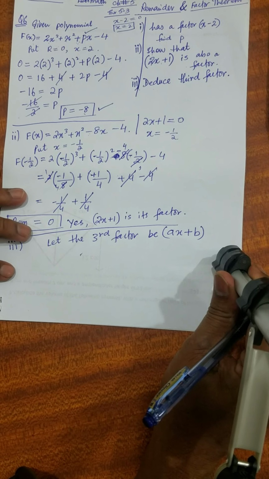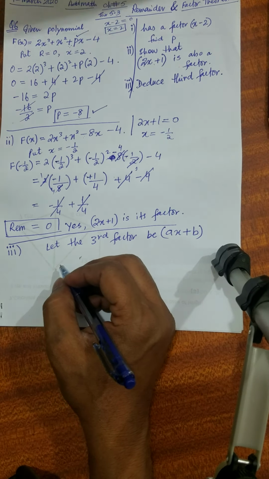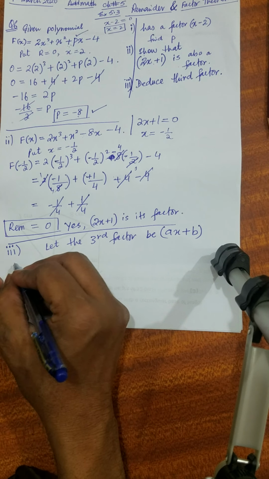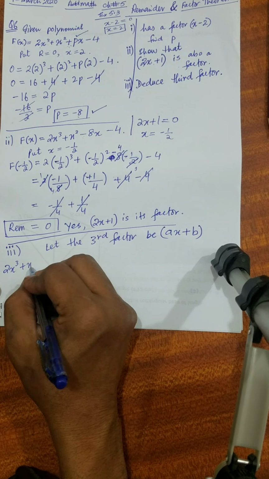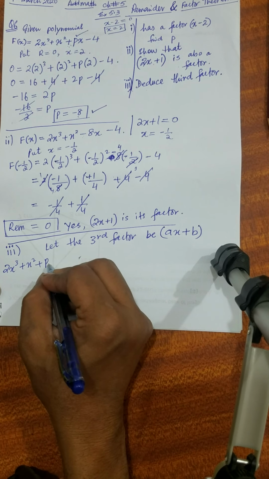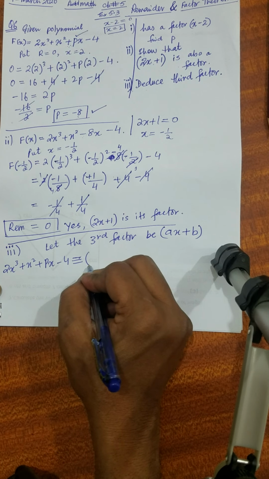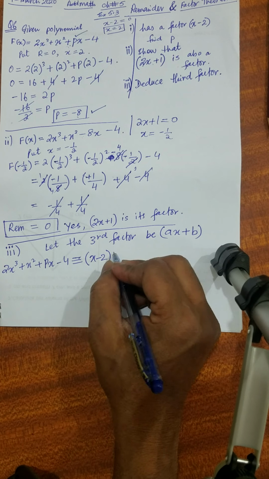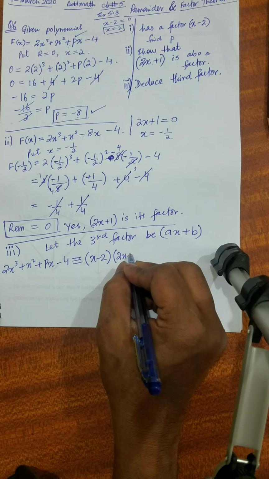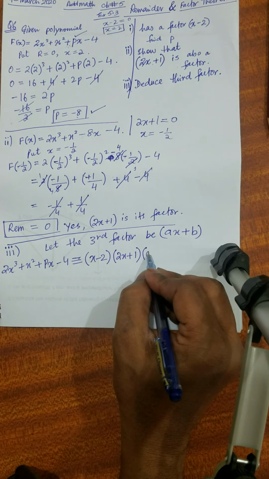So now look at this. If I write the polynomial as 2x cubed plus x square plus px minus 4, the first factor was given to us as x minus 2, the second factor we just proved 2x plus 1, and the third factor we just suppose ax plus b.